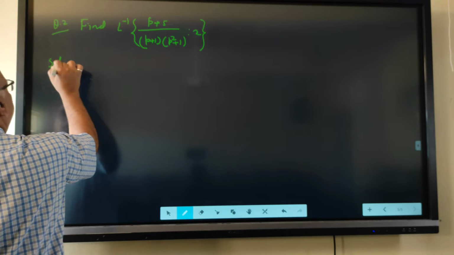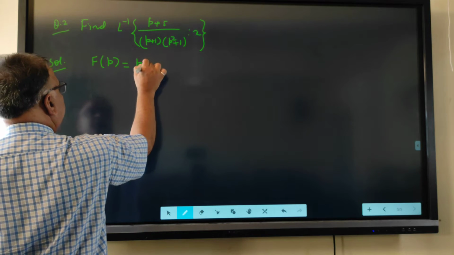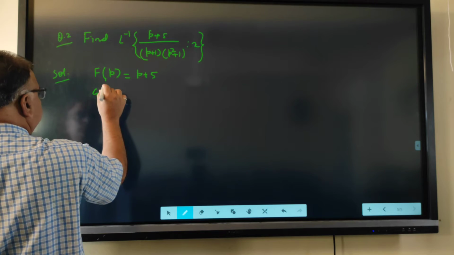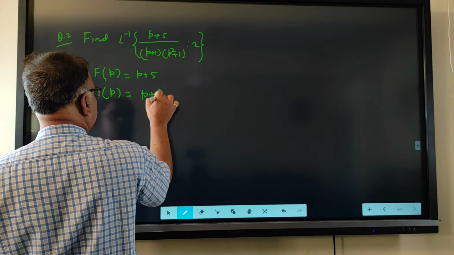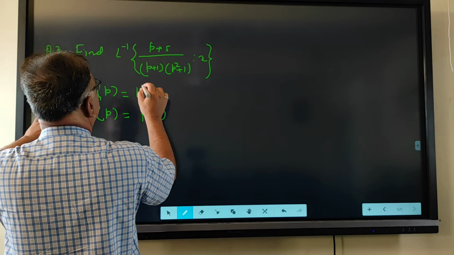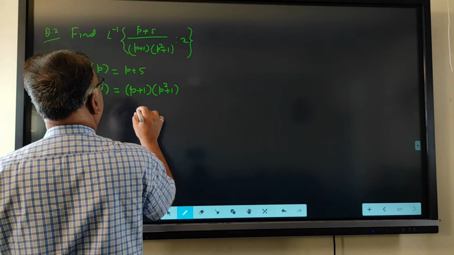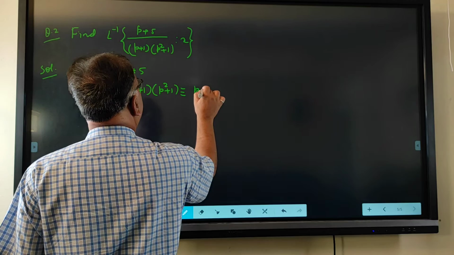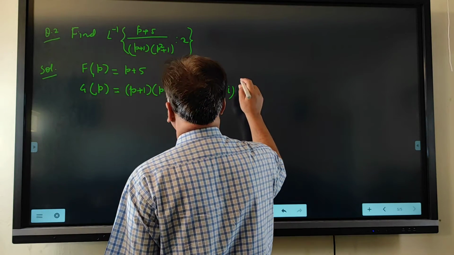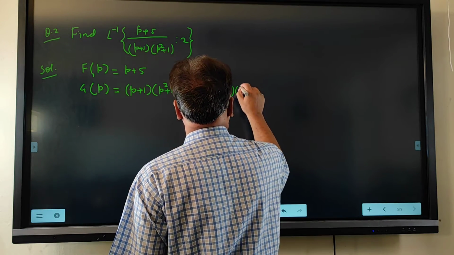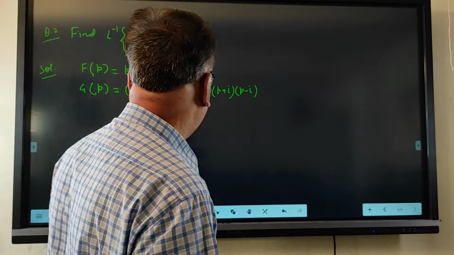Here, by comparing with the Heaviside expansion formula, F(p) is equal to p + 5 and G(p) is equal to (p + 1)(p² + 1), or we can write it as (p + 1)(p + i)(p − i).